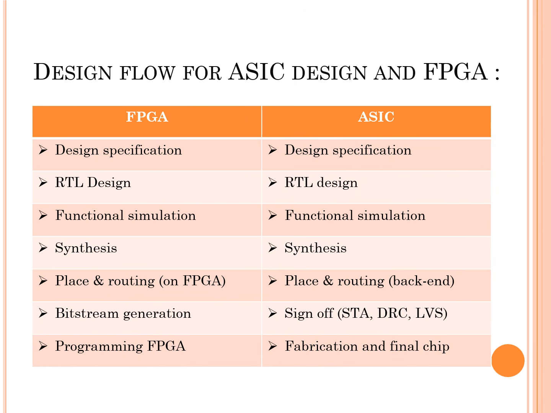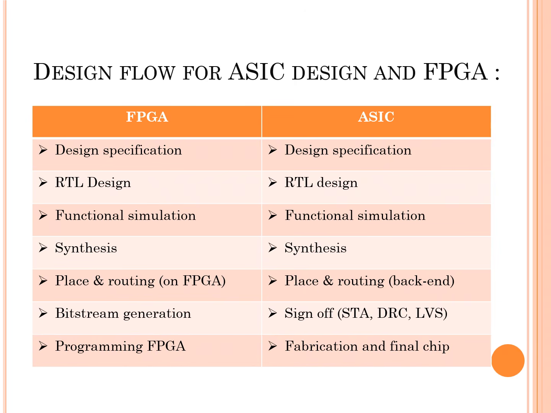Now, this is where the design diverges. For FPGA, we perform place and route directly on the FPGA fabric, followed by bitstream generation. The bitstream file is what gets programmed into an FPGA device. In contrast, for ASIC, the flow continues with backend place and route, followed by sign-off steps such as static timing analysis, design rule check, and layout versus schematic.